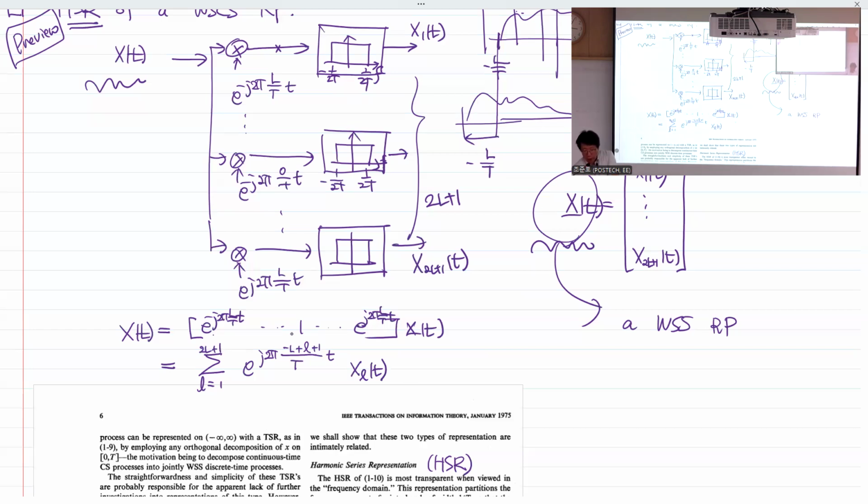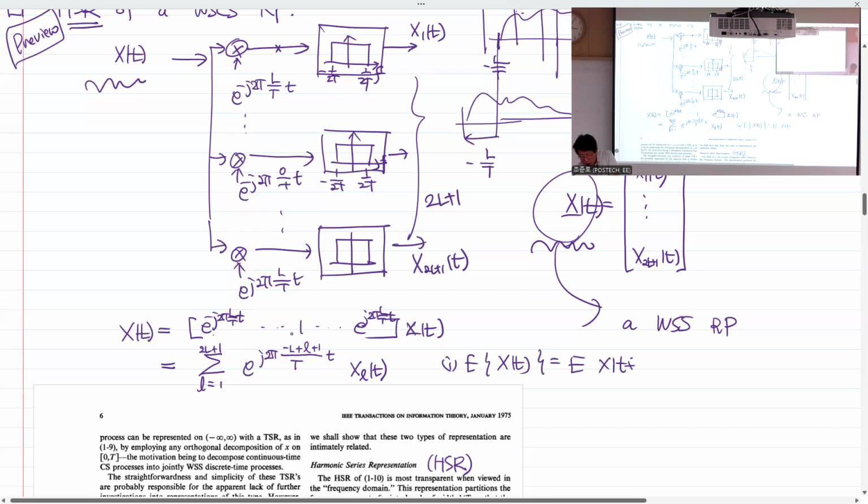Got it? So here we have that nice property in the time domain. And we want to show what? First, we want to show the periodicity of the random process.